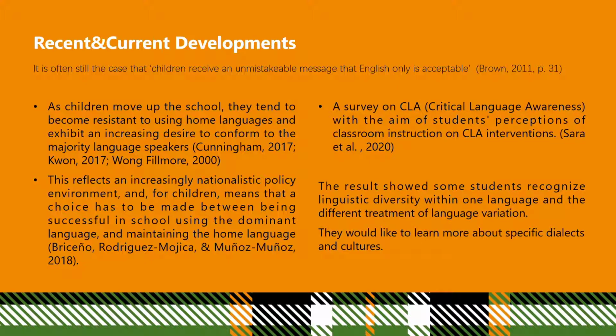In 2020, there was a survey on CLA, which is critical language awareness, which sampled 27 students at an American university in order to understand students' perceptions of CLA interventions in classroom instruction.